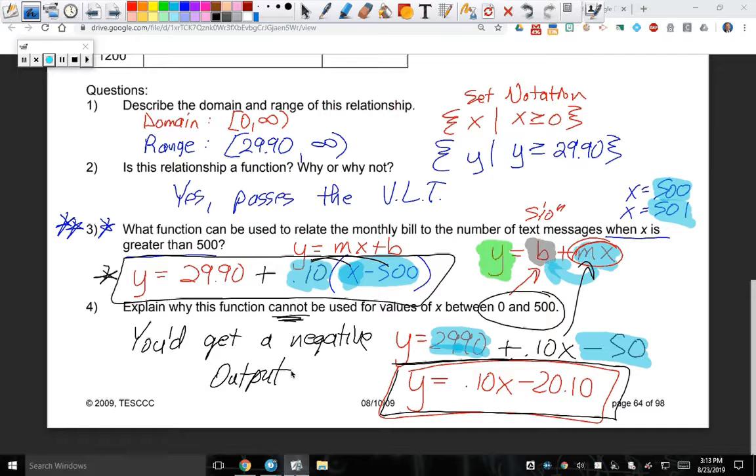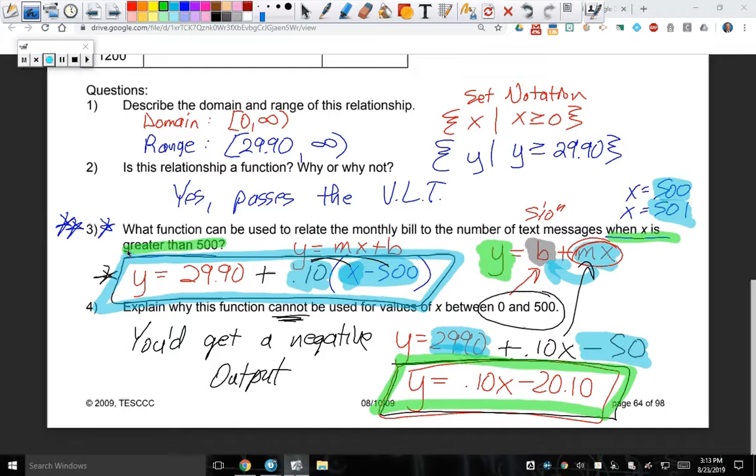And the way you can see it, guys, be honest, is the blue one easier or is the green one easier to set up from reading? The blue all day. But for number 4, which one's easier to interpret that it won't work? The green one. Because let's say I put 0 for x on this green one. It would say that my bill was negative $20. That doesn't make sense. Okay? The equation represents everything when x is greater than 500.